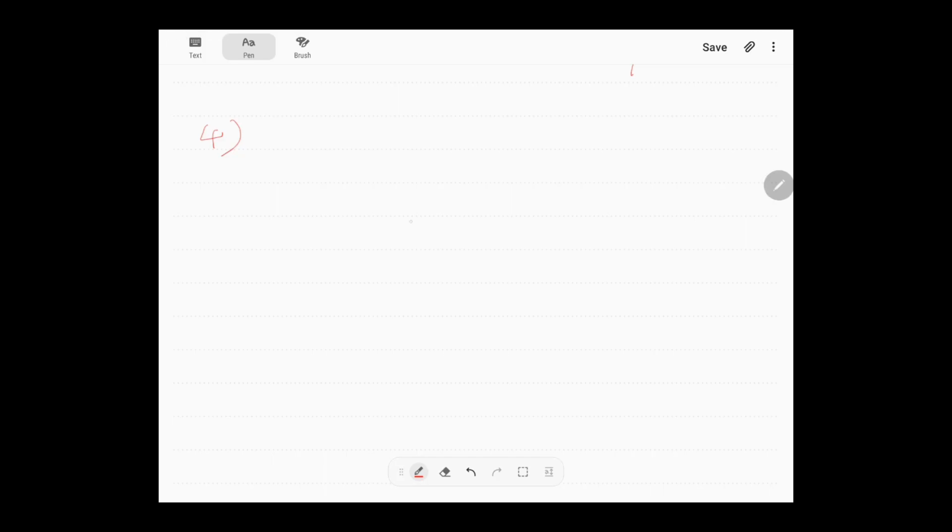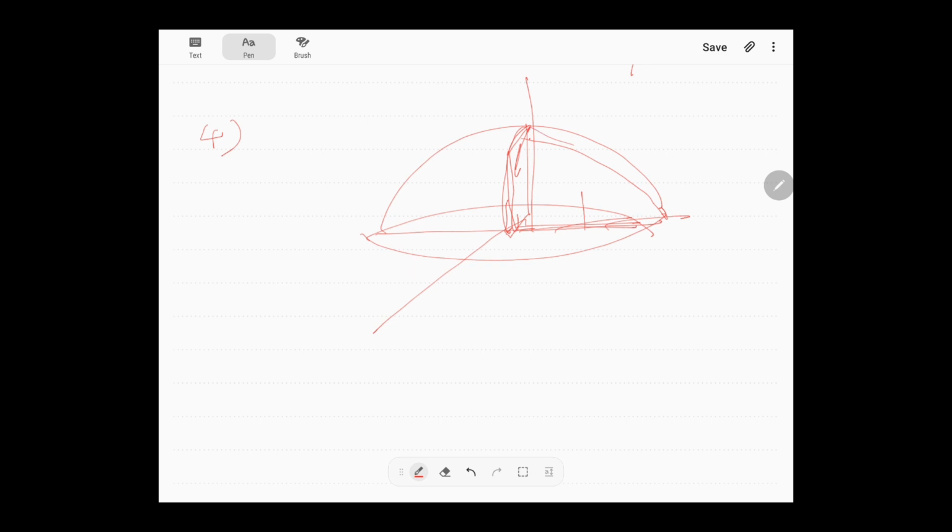So for the fourth problem, he is considering only z equal to 0 to this part, this xz plane, and this, so only this part.